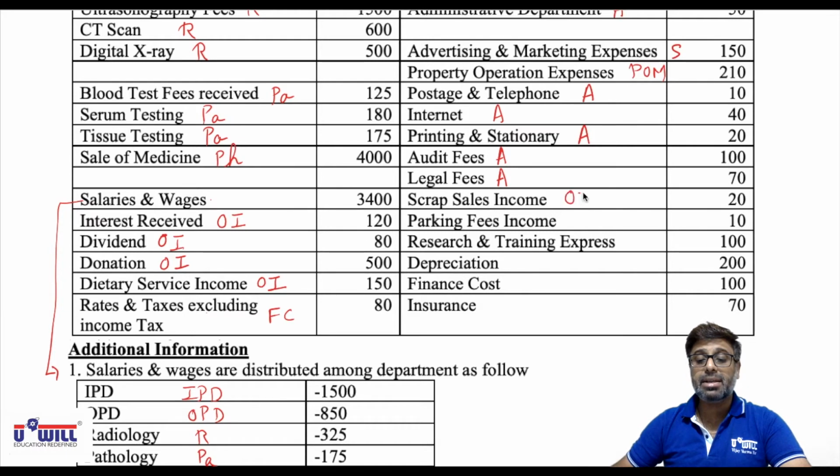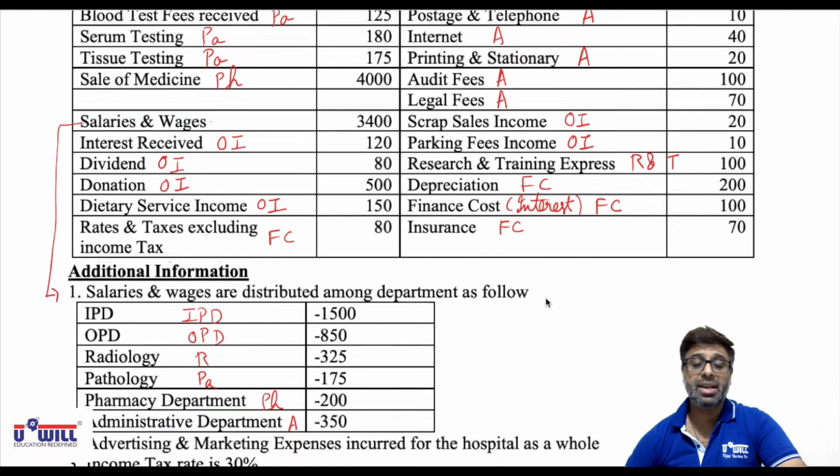Scrap sales income, other incomes, parking fees income, other incomes, research and training expenses, R&D, depreciation, fixed charges, finance cost means interest paid. That is also fixed cost FC, and insurance is also fixed cost FC.